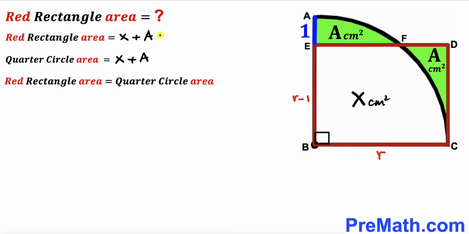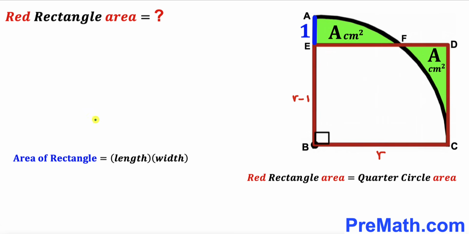And now we are going to compare these two equations. We can see the right hand sides are identical. So therefore we conclude that the red rectangle area has got to be equal to the quarter circle area, as you can see in this given equation. And now let's recall the area of rectangle formula once again.